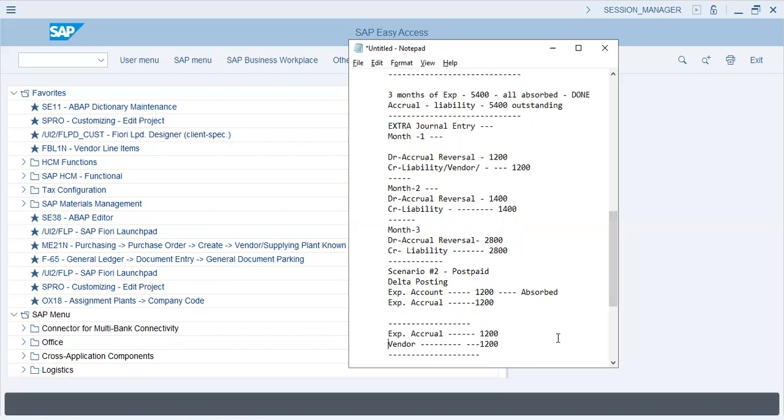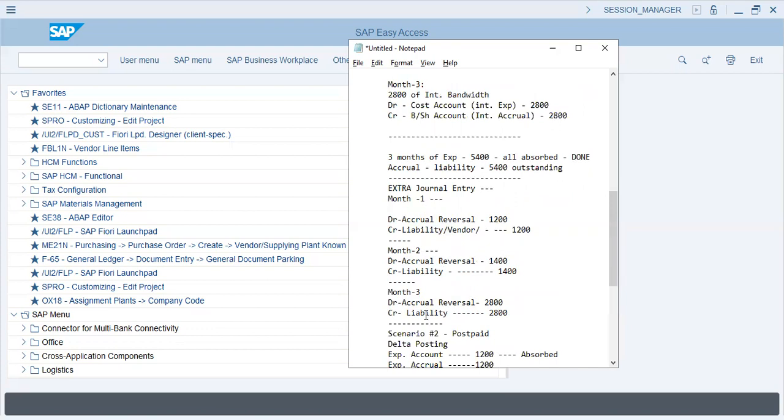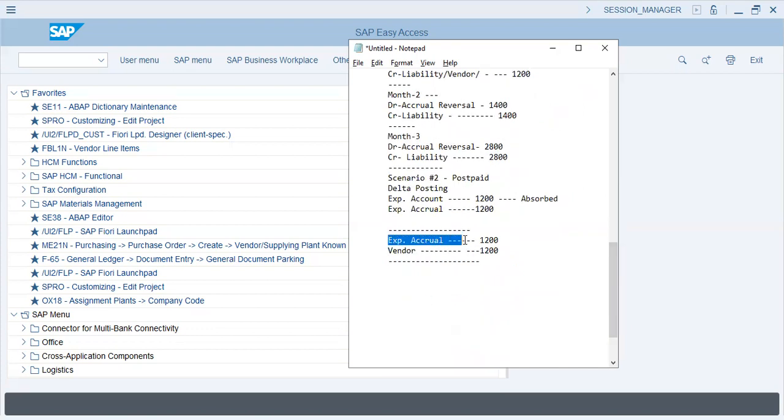Postpaid. An expense accrual. Expense accrual is reversal of this one while the vendor is credited for postpaid. And then it is paid with cash 1200 and cash 1200, right?